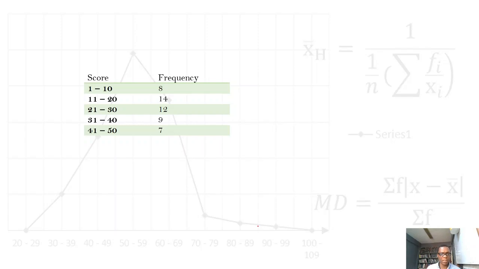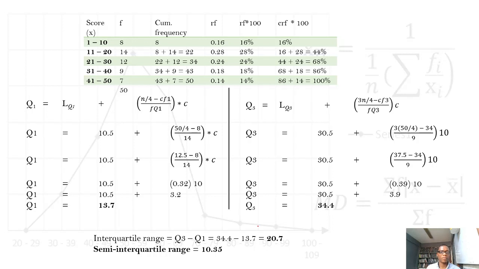So let us look at this example. If we are interested in calculating the semi-interquartile or the interquartile range for this distribution, first we will need to compute the cumulative frequency, because remember, somewhere here we will need the cumulative frequency for F3 for quartile 3 and then also for quartile 1.